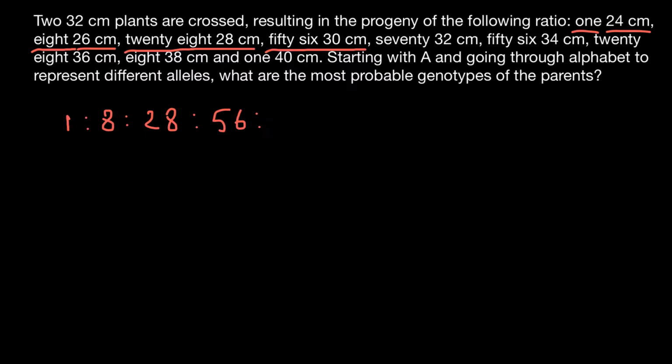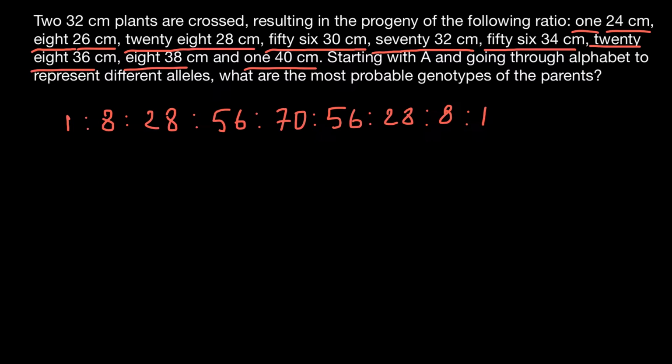Then we have 70 plants, which are 32 centimeters tall. Then we have 56. Then we have 28. And then we have 38 centimeters. And one which is 40 centimeters. So this is going to be our ratio of plants of different heights.